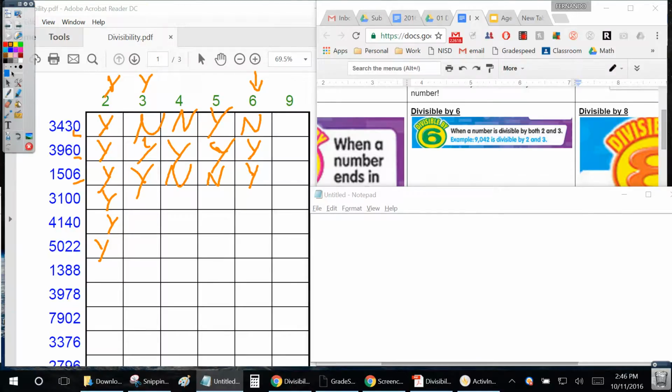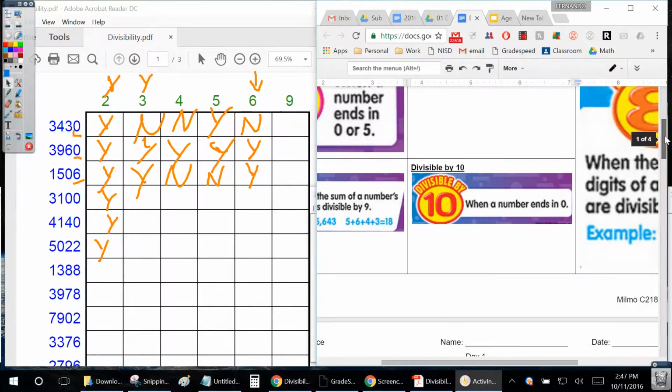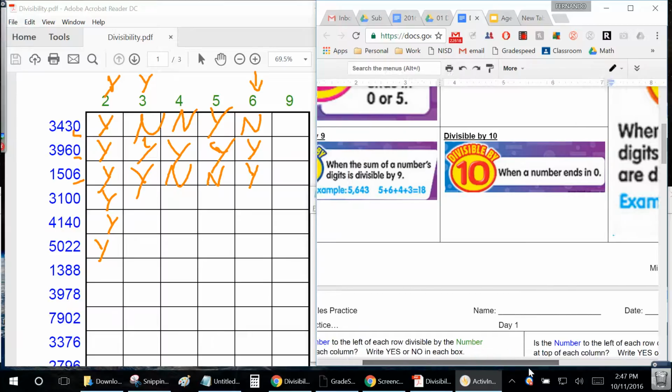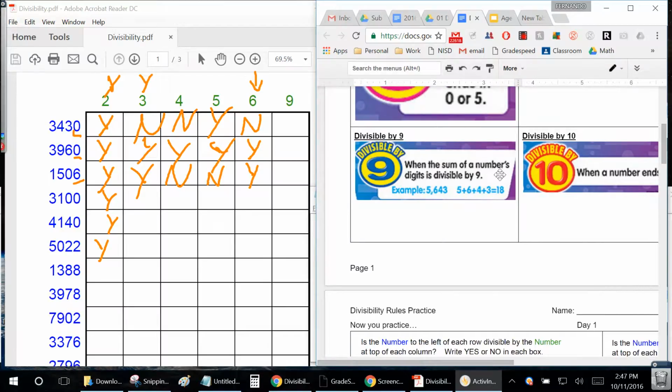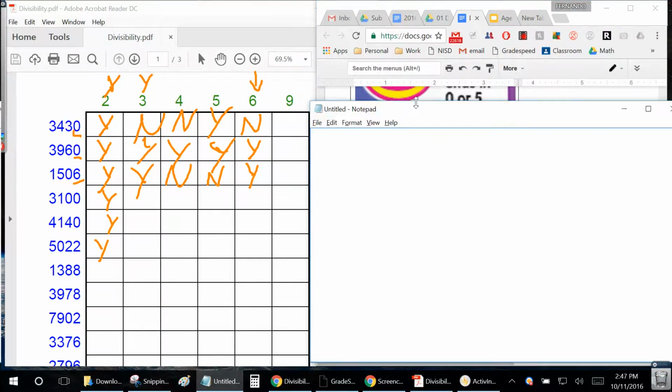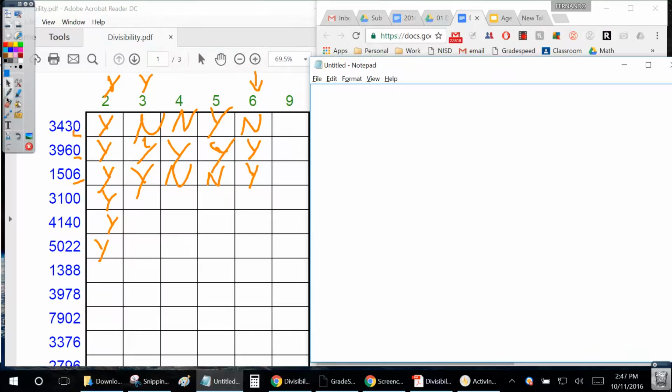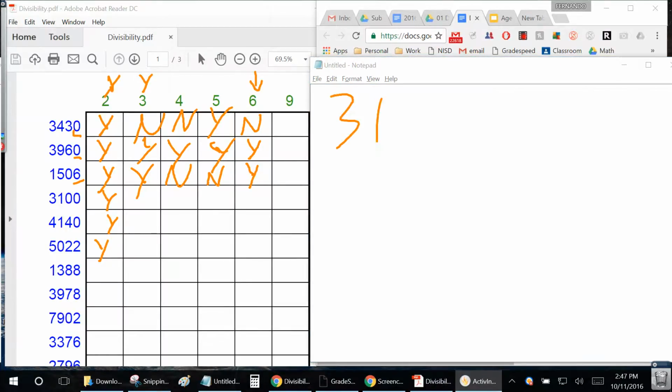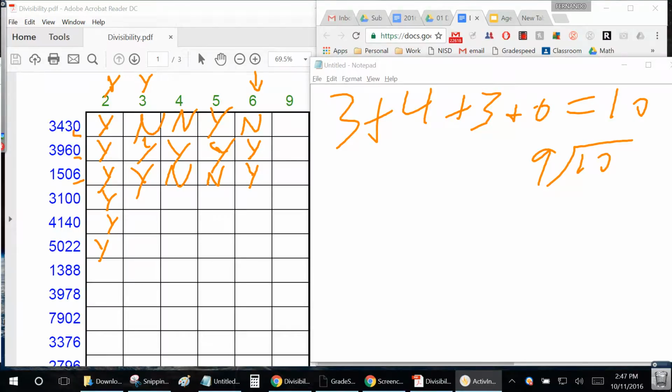The rules of 9 are very similar to the rules of 3. When the sum of a number's digits is divisible by 9. So we need to add the numbers again, just like we did before. You have 3 plus 4 plus 3 plus 0, that equals 10. Can 9 go into 10 without a remainder?